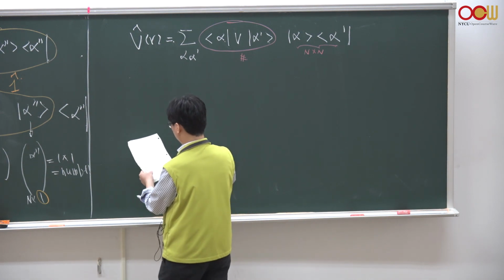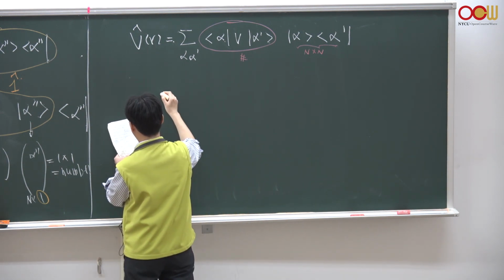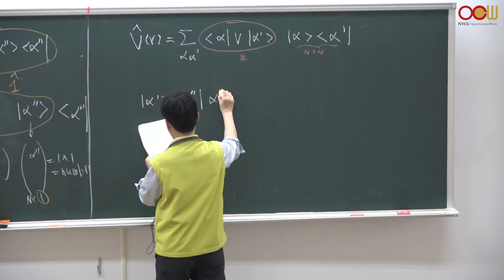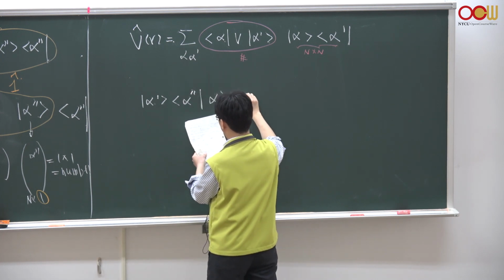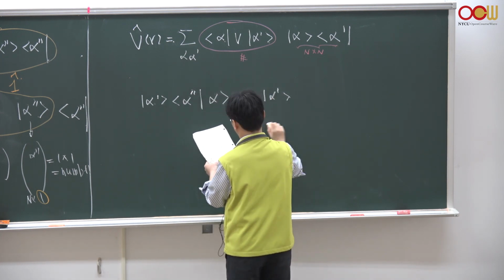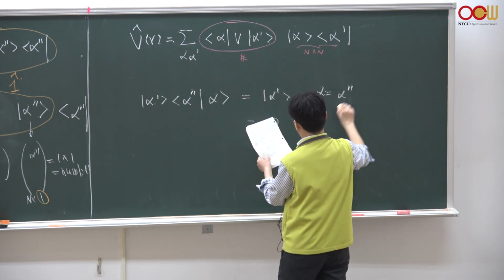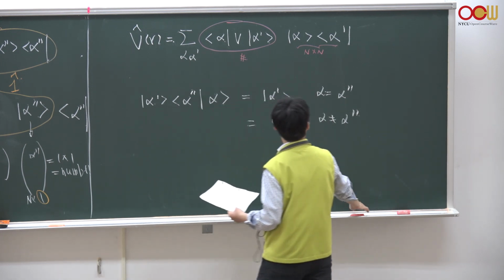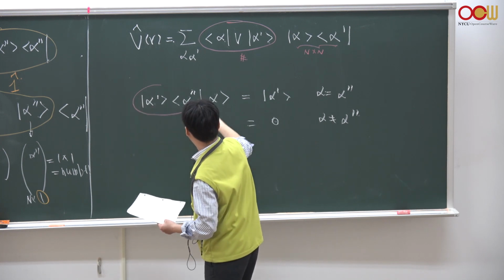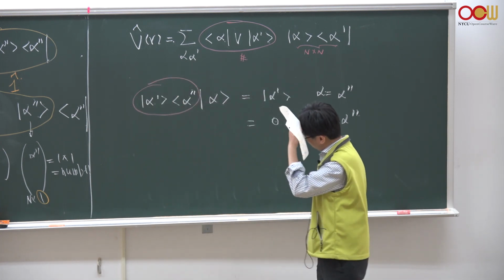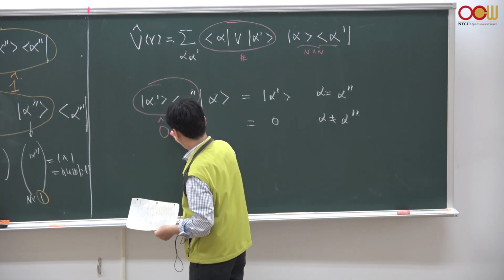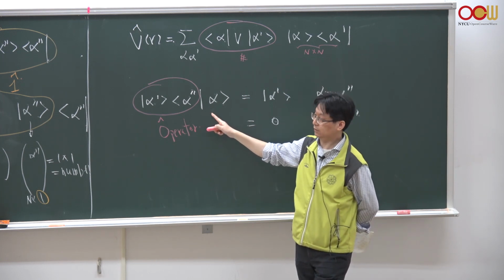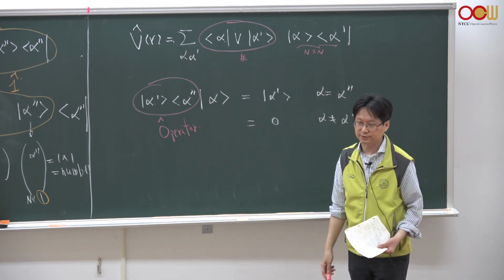So let me just try to do that. Let me use this n by n matrix as an operator, and I try to act this operator onto any eigenstate alpha of the single electron in the box, and see what happens.